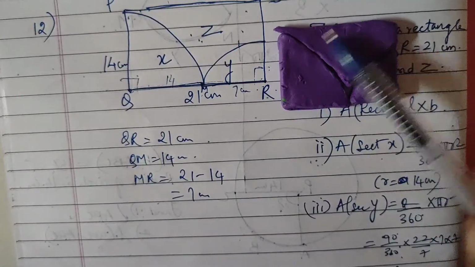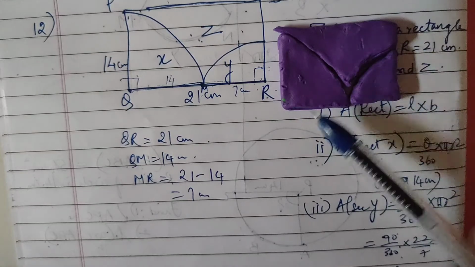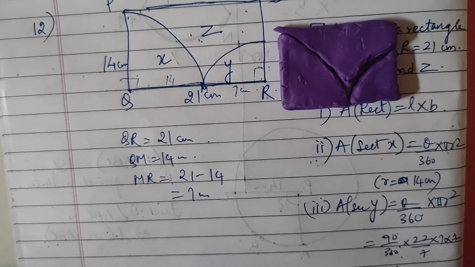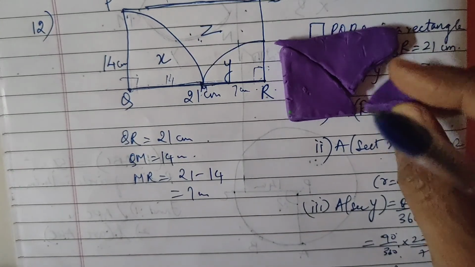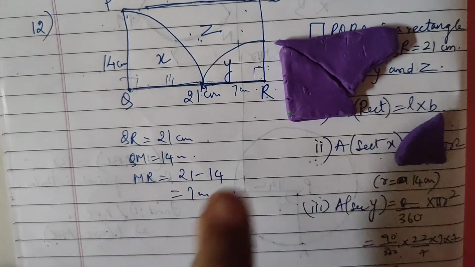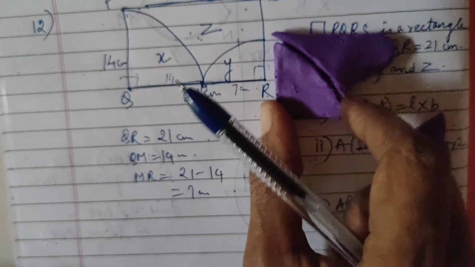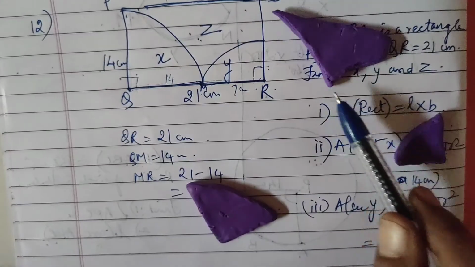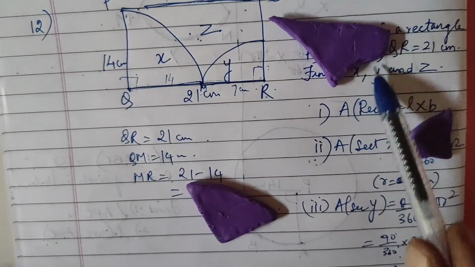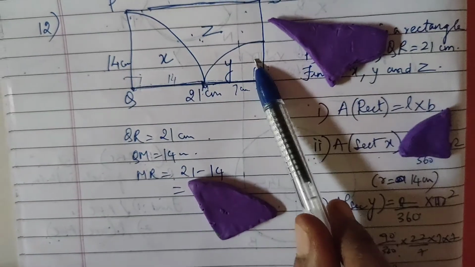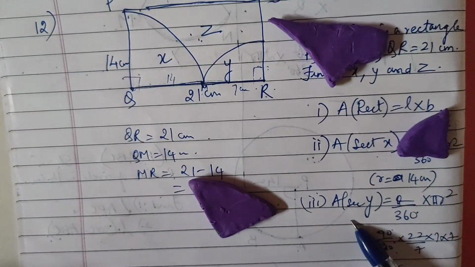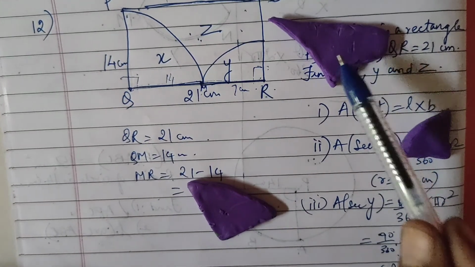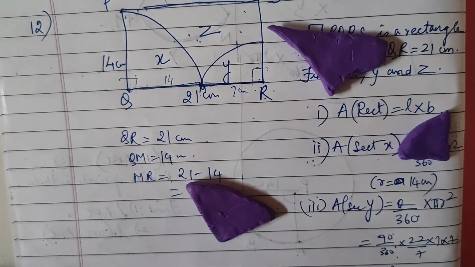Imagine this whole is 100. You remove this sector, you found the sector here, minus it. And minus the other one also. What will be left? We will get this part, right? Yes. So we will find first the area of a rectangle, then minus area of sector X, minus area of sector Y. You will get this Z part. Okay, clear? Very clear everyone?